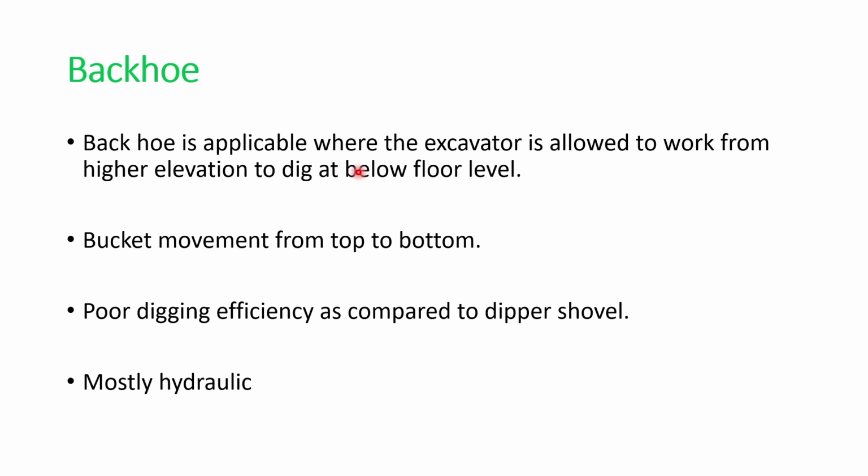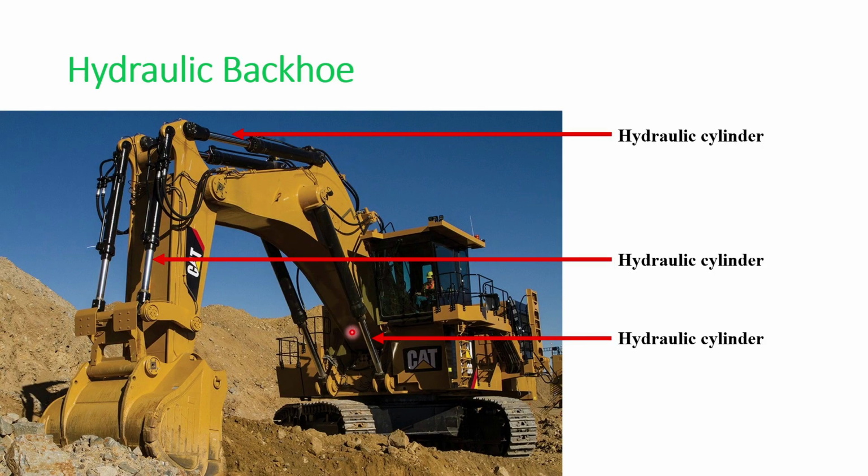Now come to the backhoe. Backhoe is applicable where the excavator is allowed to work from a higher elevation to dig at below floor level. Bucket movement is from the top towards the bottom. Poor digging efficiency as compared to the dipper. Mostly hydraulic. You can see this is the hydraulic backhoe.